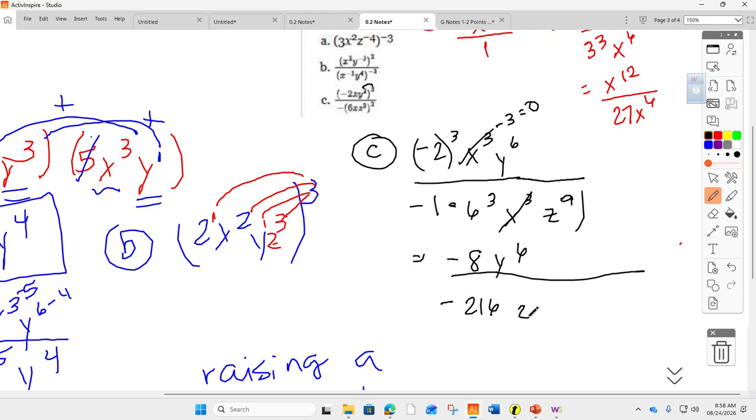So a negative divided by a negative, and we're going to simplify 8 and 216. 8 times how many is 216? 27. Alright, so it's over 27. So we could put the 1 up there, but we wouldn't leave it there, right? So it's y to the 6th power divided by 27 times z to the 9th power.